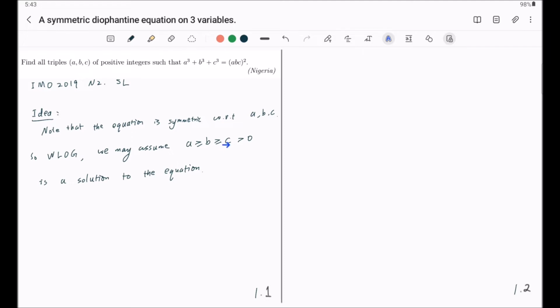Here, C is assumed to be the smallest one. So why don't we just start with C? The trick is that we're going to play with this equation as well as this relation to establish lots of inequalities involving C.